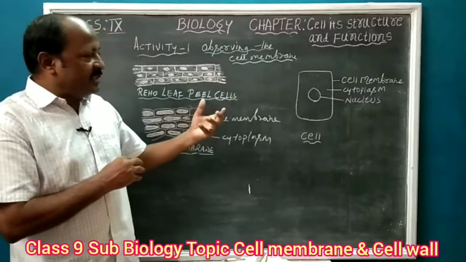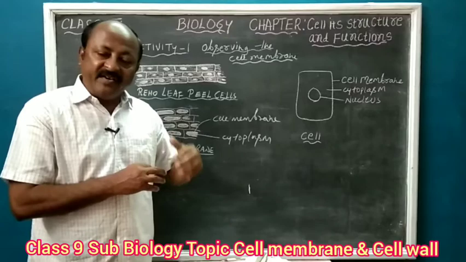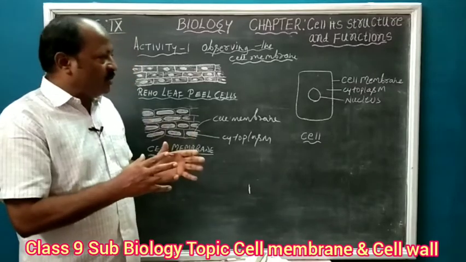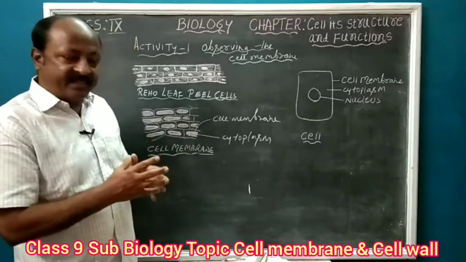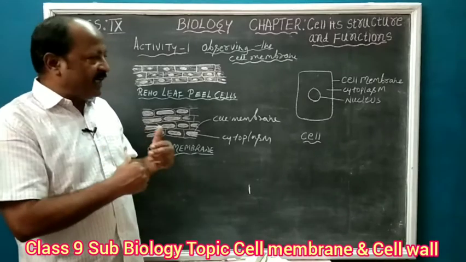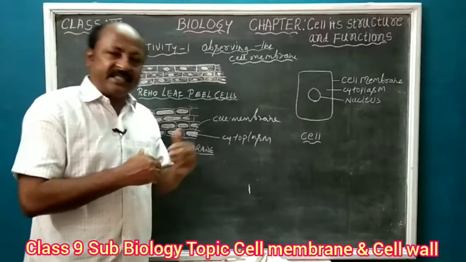The cell membrane will not allow the entry and exit of every substance. It allows only certain substances which are needed inside, and whatever substance is not required inside will be sent out through the cell membrane.